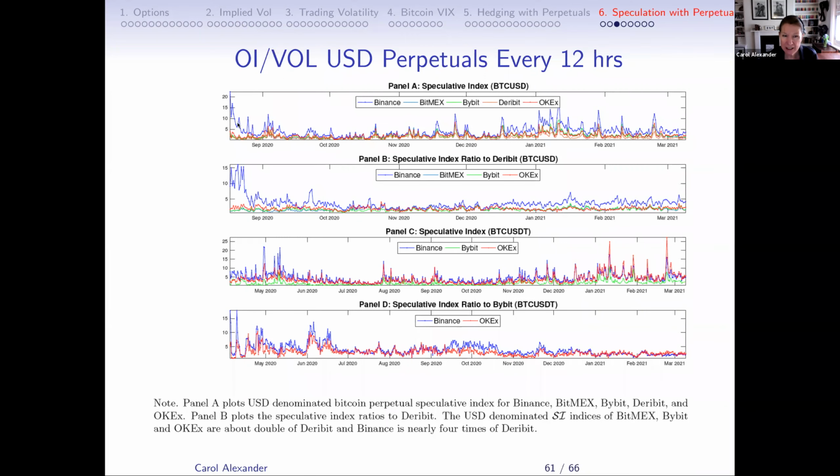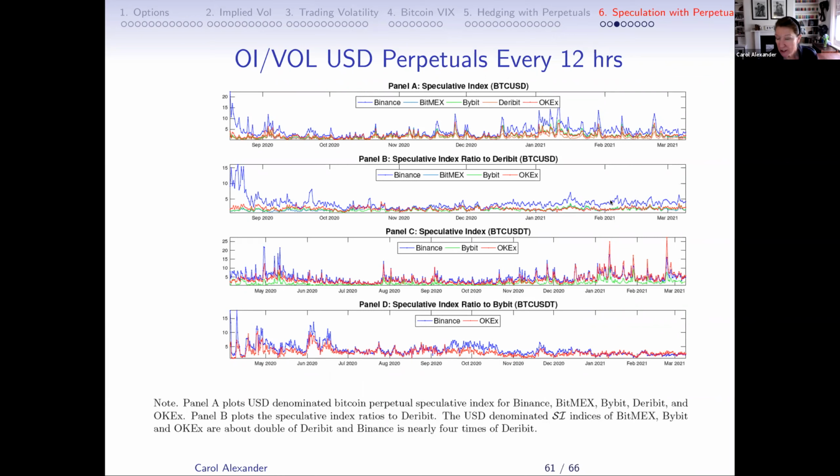And you can see that for Binance USD or Binance Tether, every 12 hours, these speculative indices are calculated using the 12-hour open interest and the volume traded over that 12-hour period.